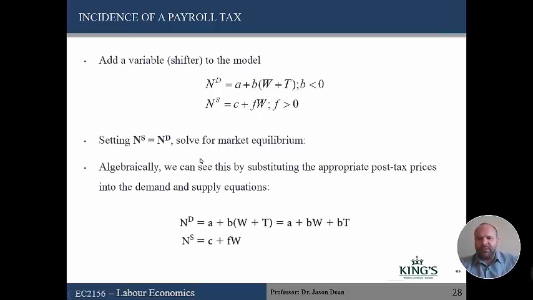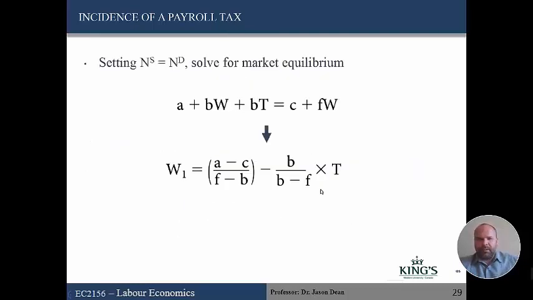If we solve for the equilibrium, first we rewrite the demand and supply curves, and we multiply that b through. This term here is going to shift the demand curve. Remember, though, that beta is less than 1. The equilibrium wage will be given by this, and it's going to be less than the wage before the payroll tax.